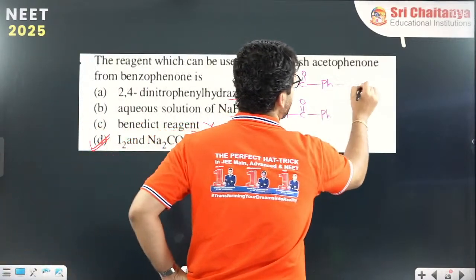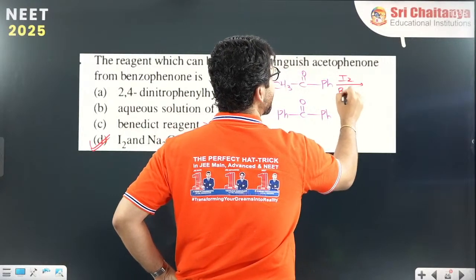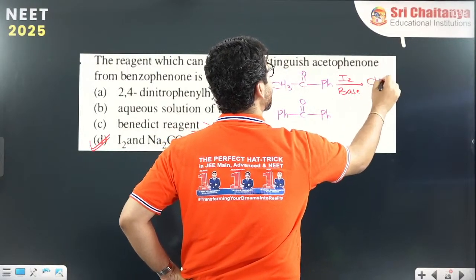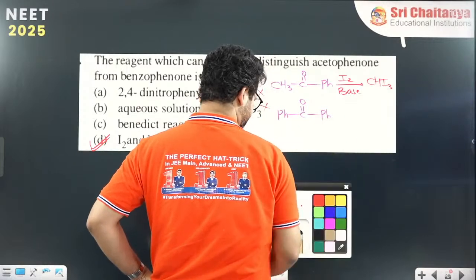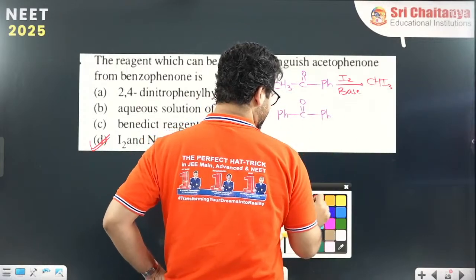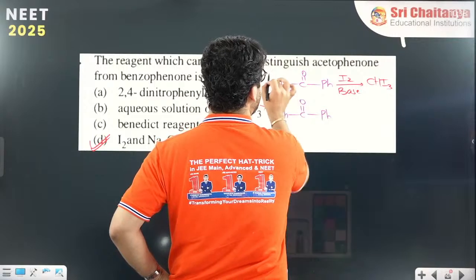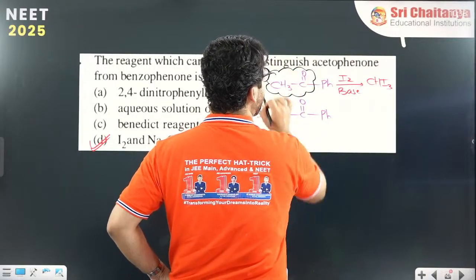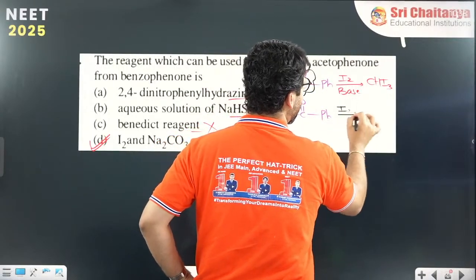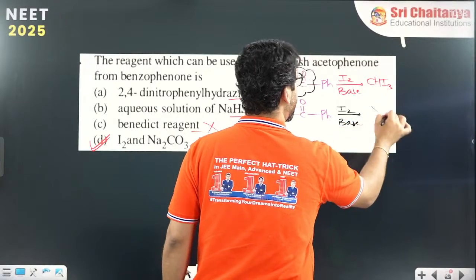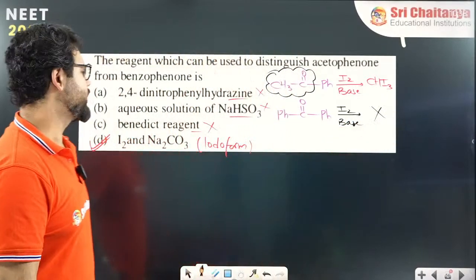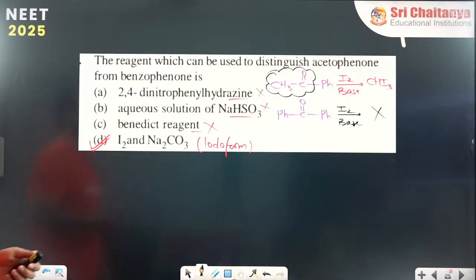When I take I2 plus base, it will give CHI3 because this is a methylated ketone, and we know that methylated ketones give the iodoform test, but the other will not. So D is the correct answer. It's a good question, you should remember it.